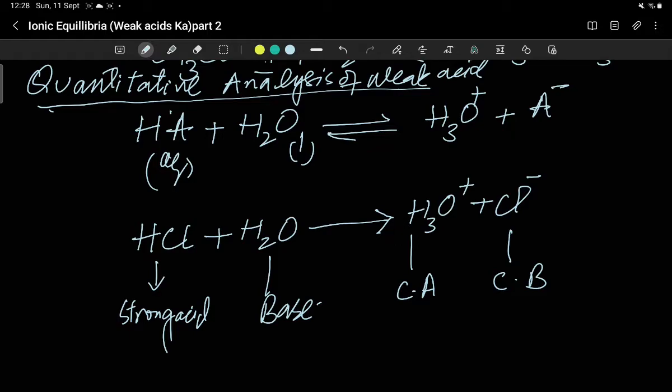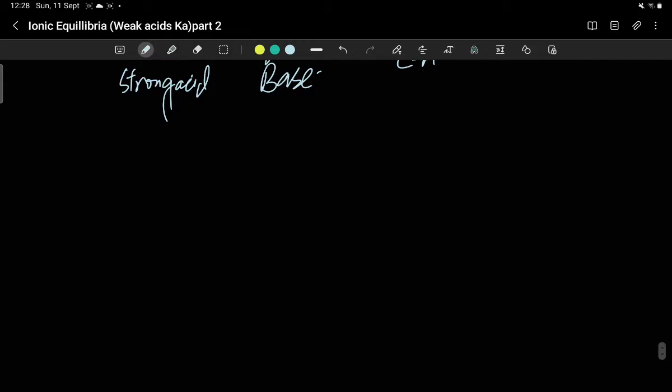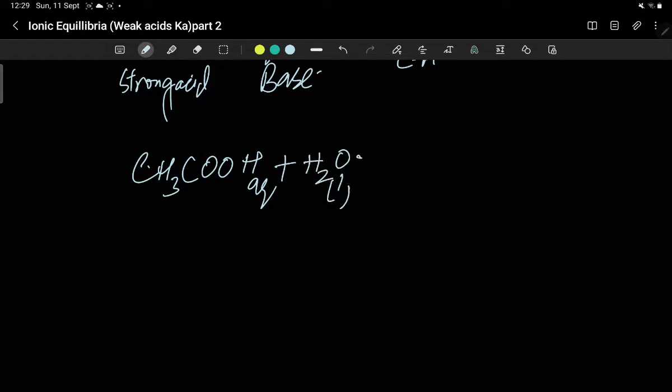But in case of a weak acid like ethanoic acid plus water to form ethanoate ion.